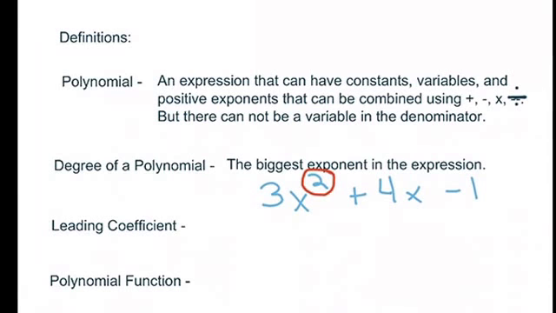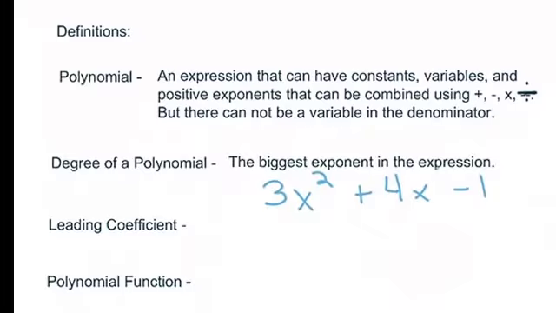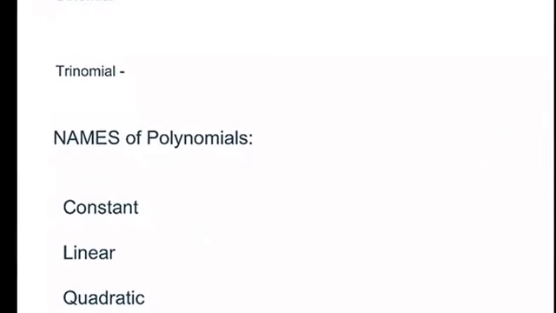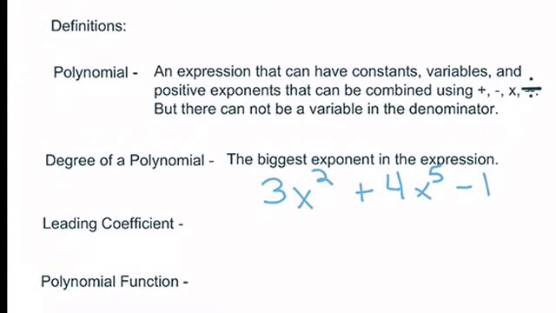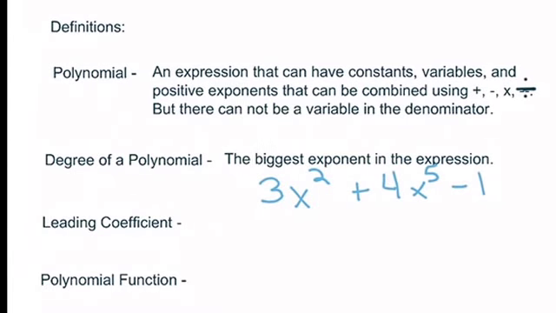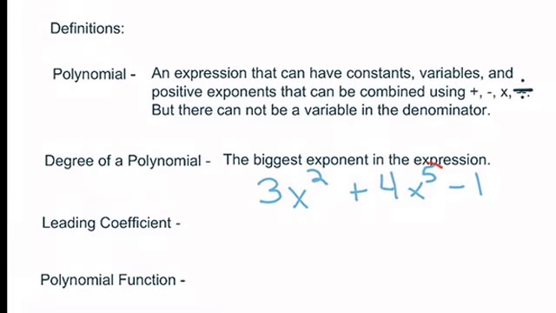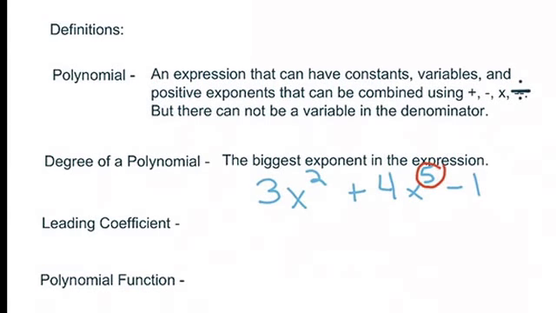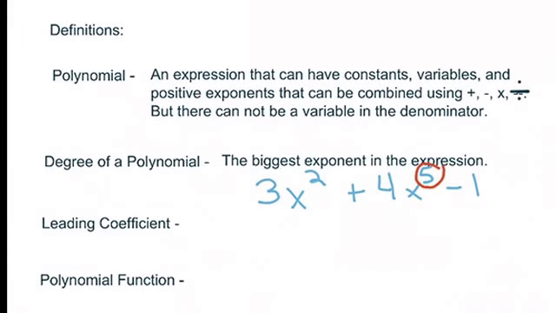Now, if I change this to 3x squared plus 4x to the 5th minus 1, then the degree of our polynomial would be 5 because it is now the biggest exponent. Okay. On to the next one.